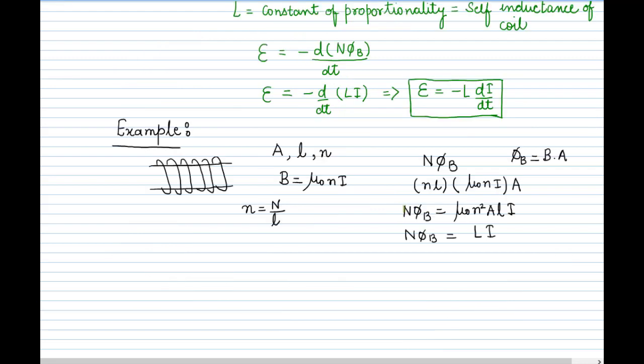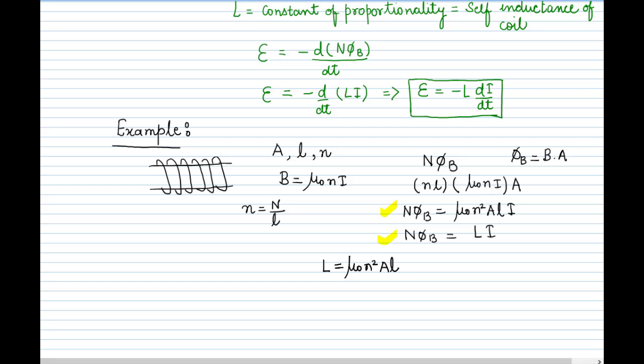So these are two equations for N phi B. Now we can compare them because the right hand side is the same, N phi B. If we compare these two, what we get is capital L, that is the self-inductance, is equal to mu naught N square A L. Because here is I and here is I, so this I is the same.